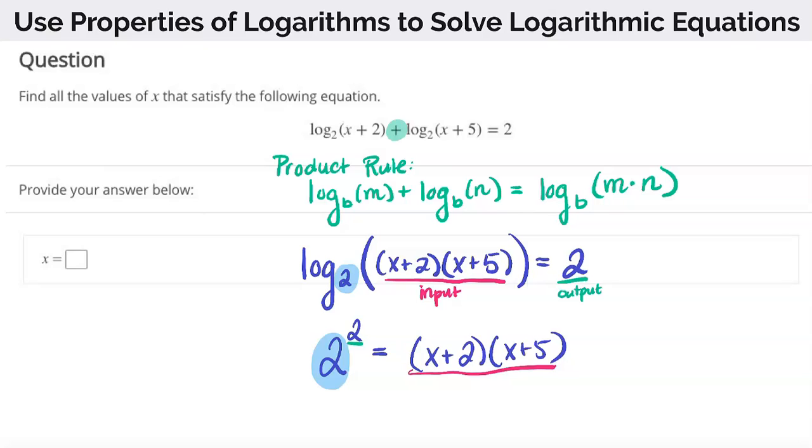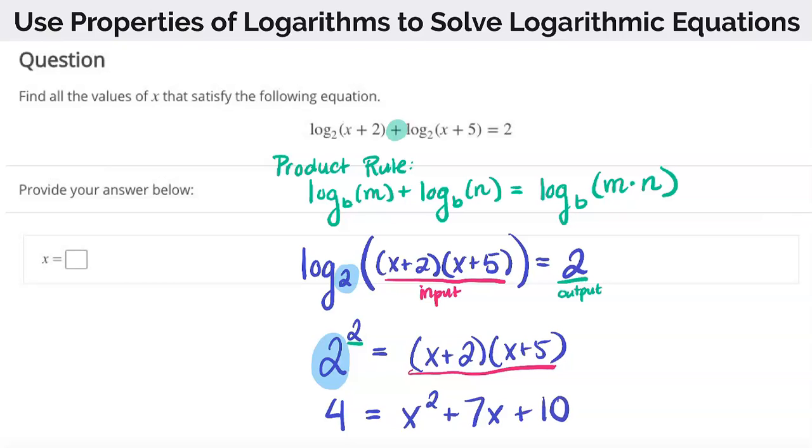And now what we have is just a quadratic equation, right? So it's factored, but this factored form doesn't help us unless we have a 0 on this side. So let's see, we actually have a 4 on that side. So let's expand this out. It's going to be x squared plus 7x plus 10, right?